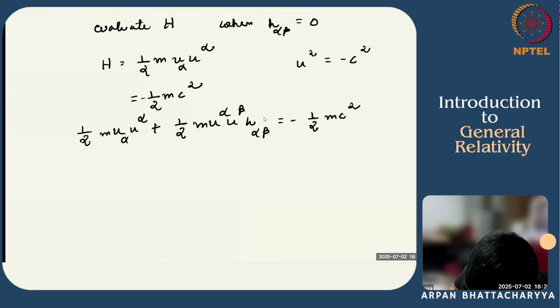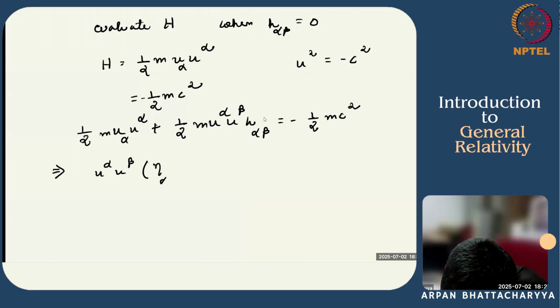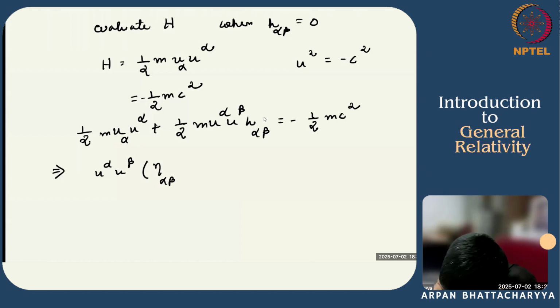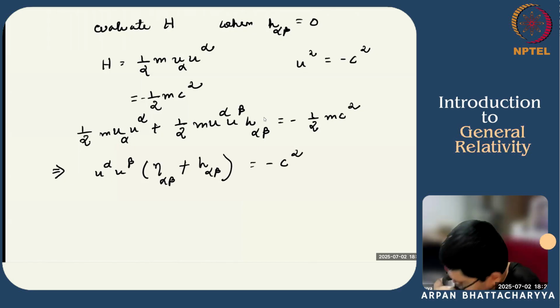Right, and let's try to simplify this. I'm just going to write this u alpha u beta contracted with eta alpha beta, right? And then we have the term c square.